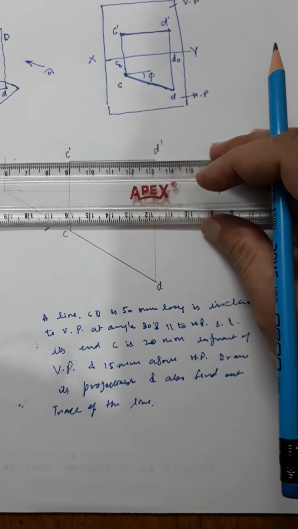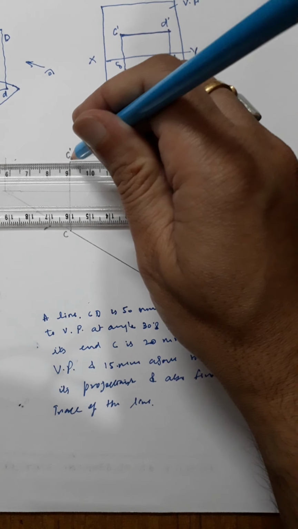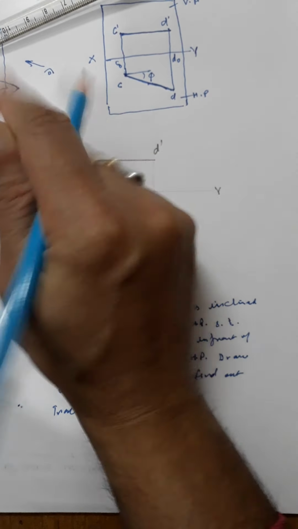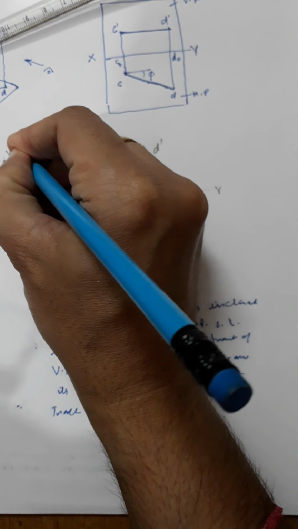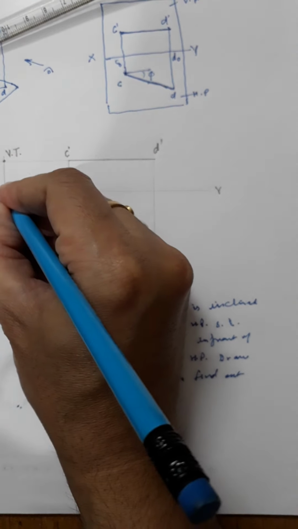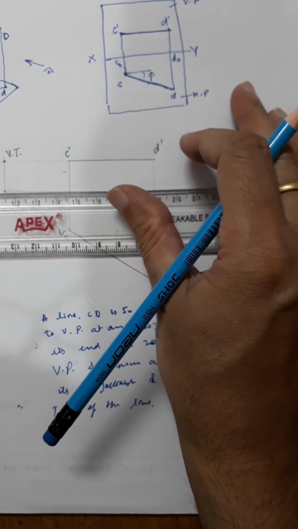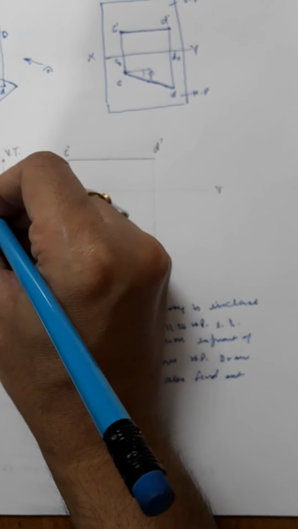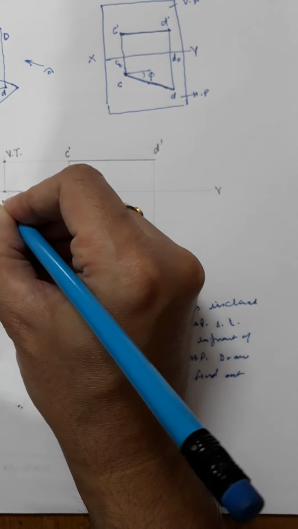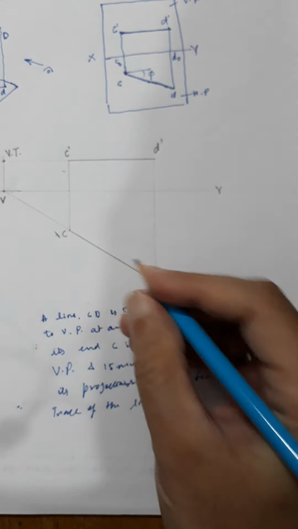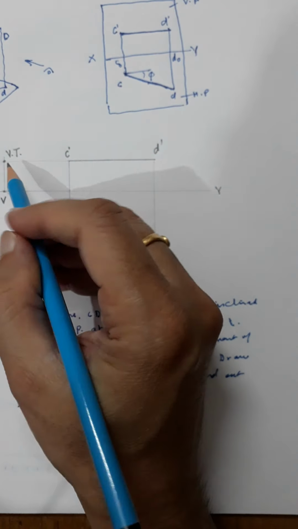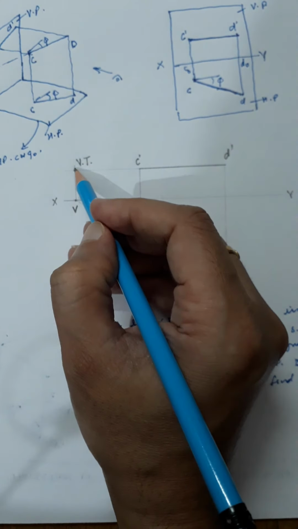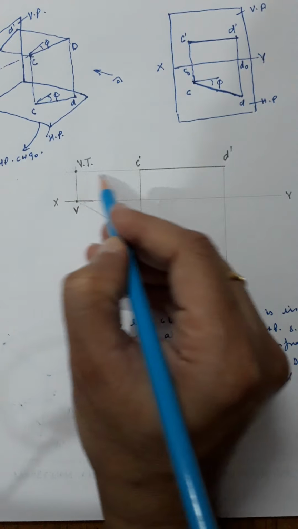Wherever it meets the XY line when extended, from there you draw the vertical, and from the front view you draw the horizontal.